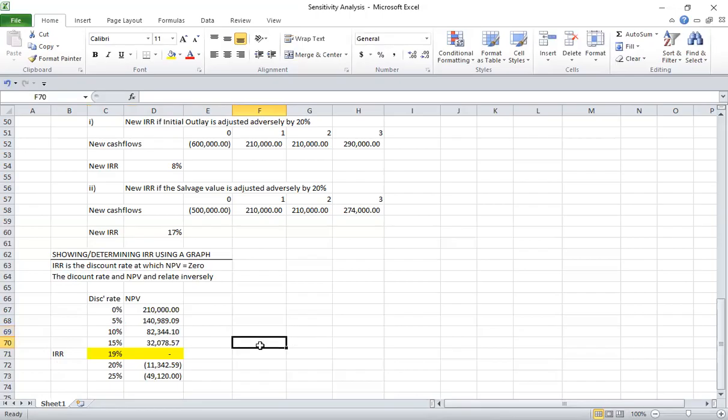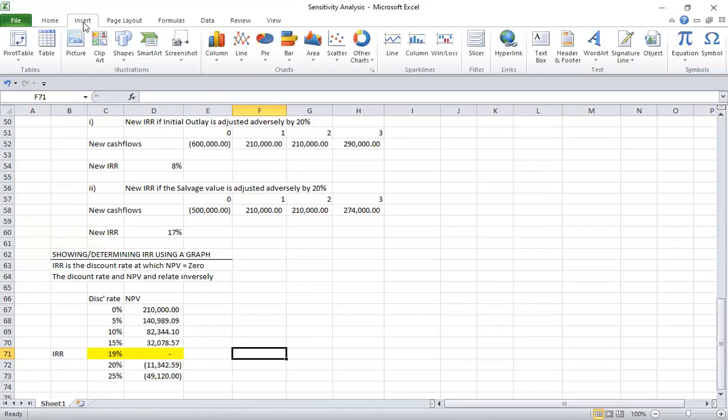Highlight any one cell. And then, if you want to do a graph, you come to these options up here at the top of your Excel. Graphs are normally under insert. So you click that option insert.